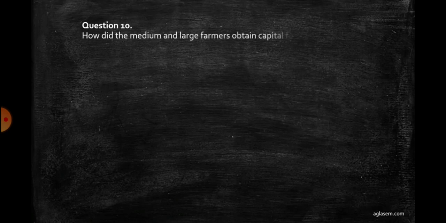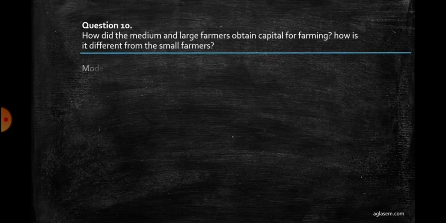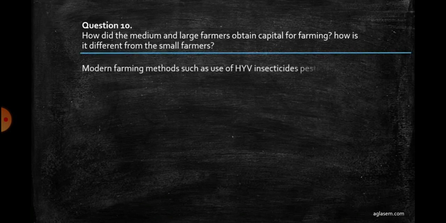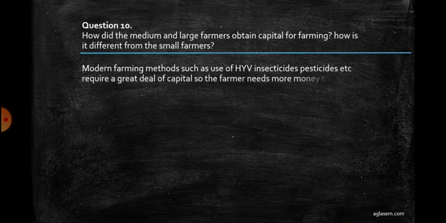Question number 10. How did the medium and large farmers obtain capital for farming? How is it different from the small farmers? Answer: modern farming methods such as use of HYV seeds, insecticides, pesticides, etc. require a great deal of capital, so the farmer needs more money than before.